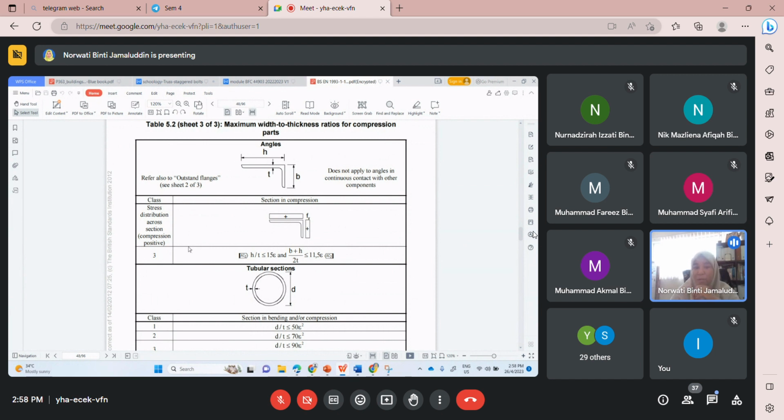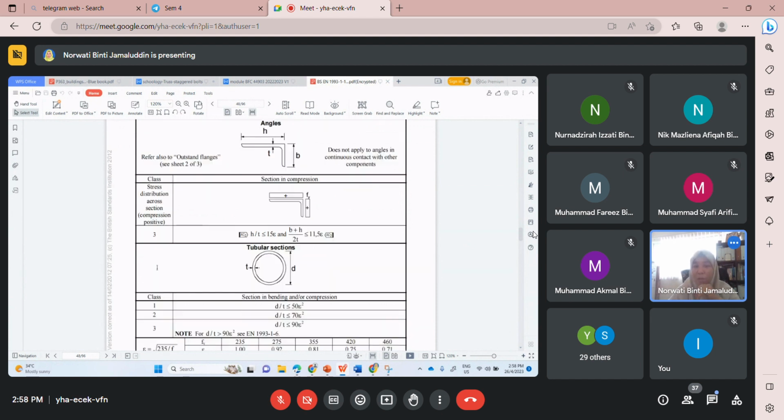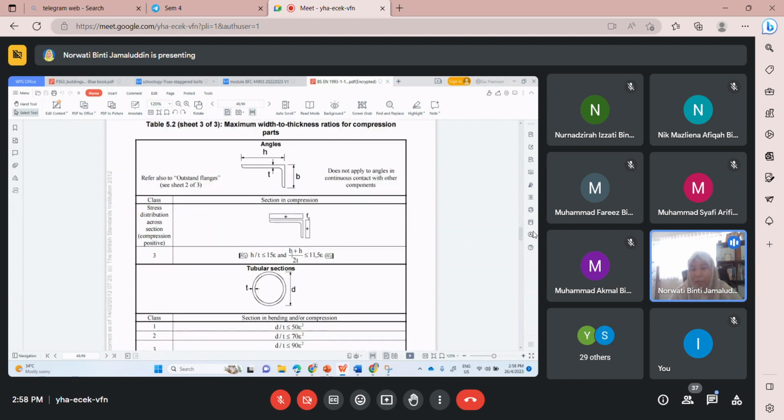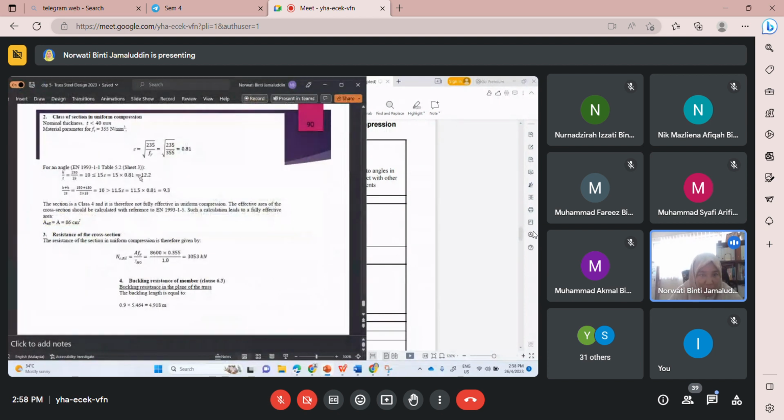Unlike other structures, where you can assess class 1, class 2 and class 3. So we check h over t and also b plus h divided by 2t. That's all. In this solution, h is the height, 150, and the thickness is 15, so directly you can determine the value, which is equal to 10.